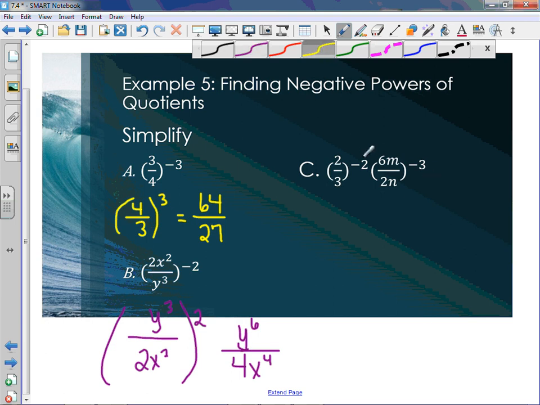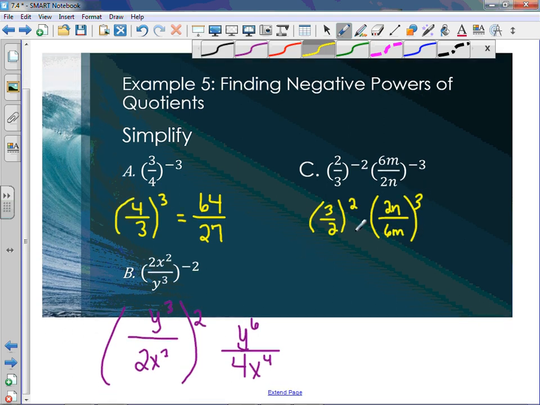All right, here we go. C. If we see a negative, I'm going to flip it. 3 over 2, with the now positive exponent. Same thing here, 2 over n, we're going to flip it, and then make a positive exponent.